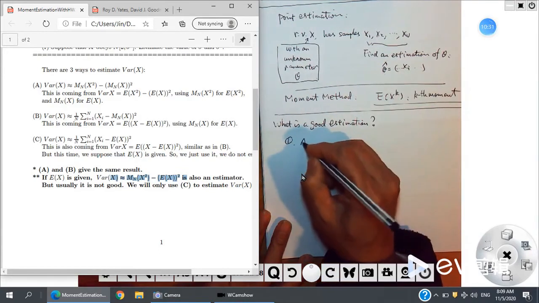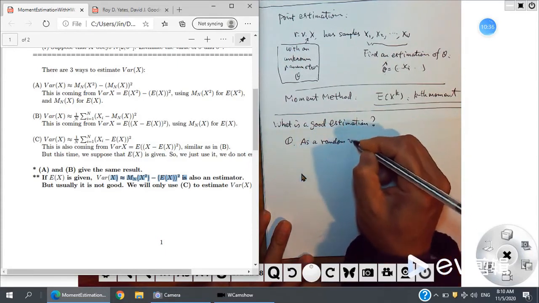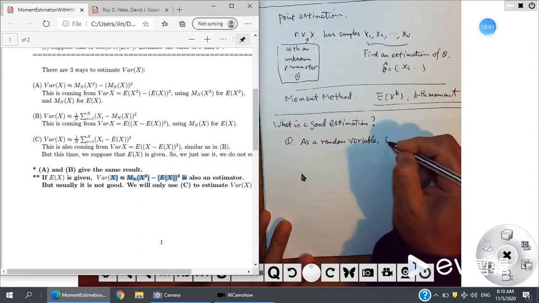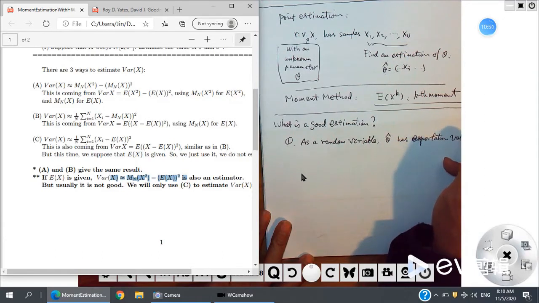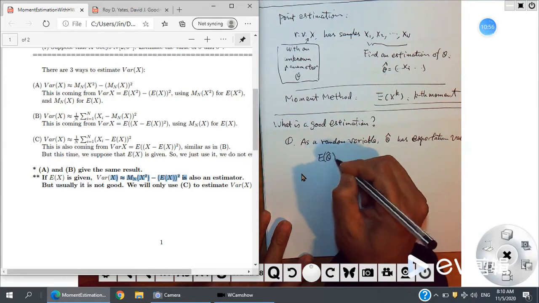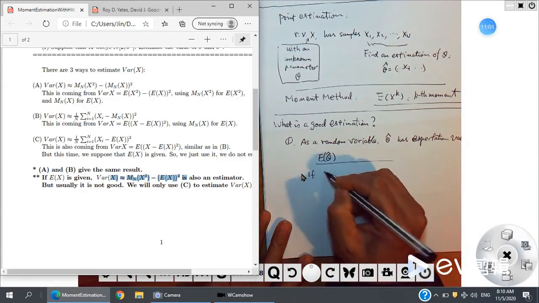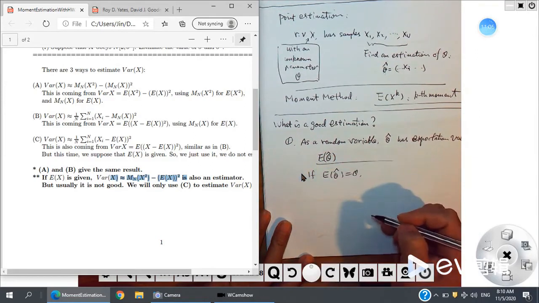As a random variable, theta hat has a mean value, right? It has an expectation value, E of theta hat. If E of theta hat is equal to theta, then theta hat is good.